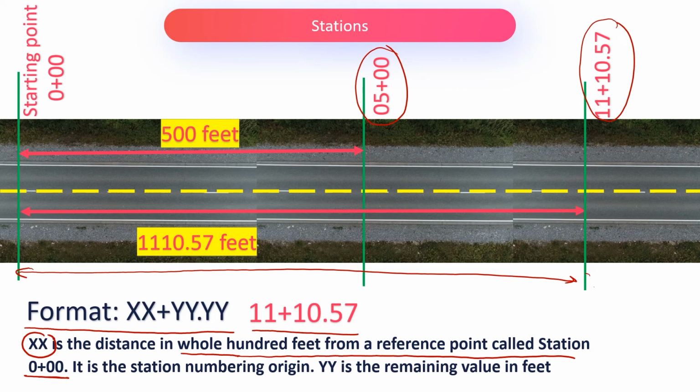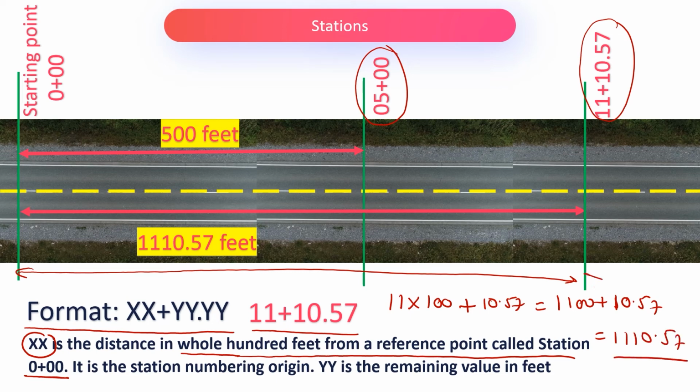So here 11 plus 10.57 represents 11 times 100, because xx is the distance in whole 100 feet, plus 10.57, and that will give you 1110.57 feet, which is the distance of this section from the starting point. Okay, this is how we mark the stations.